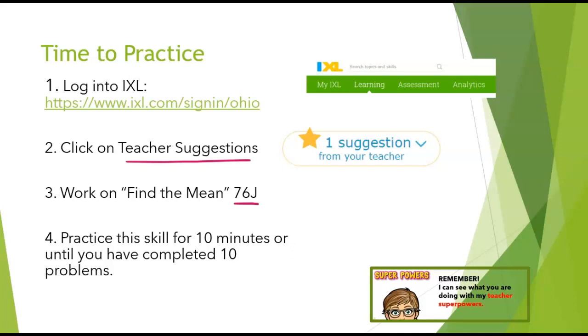It's going to give you a list of numbers that you'll have to add together and divide by however many numbers you added. The quick link is 76J. Don't spend all day practicing these skills. Only practice for about 10-15 minutes or until you've completed 10 problems.